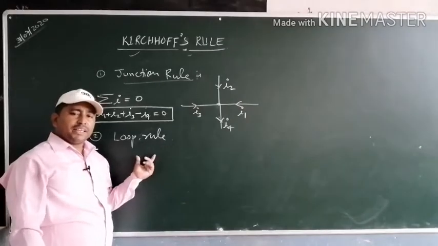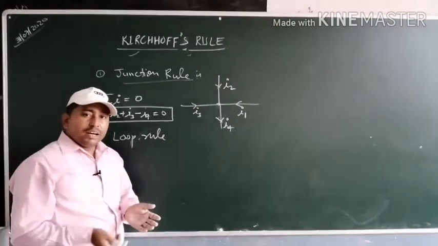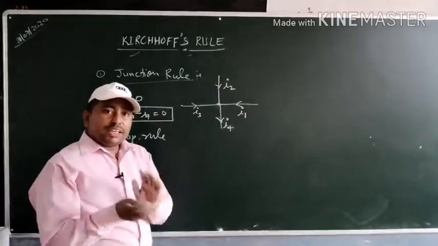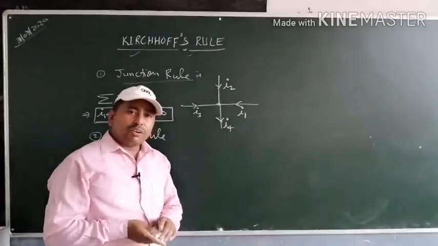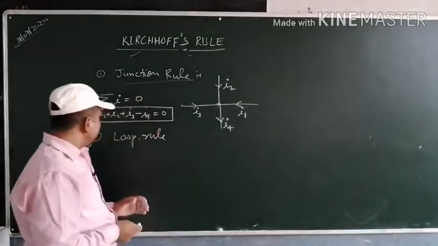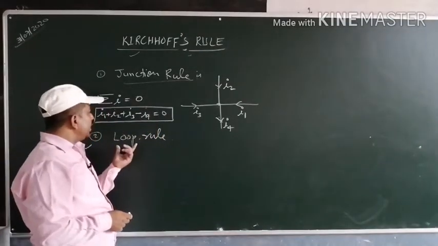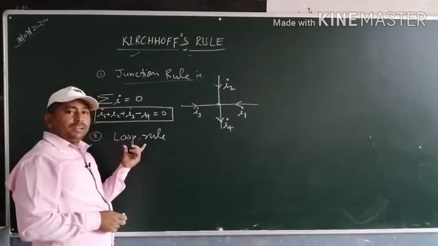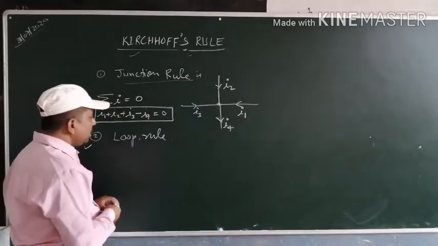It basically provides the total change in the electric potential across any loop, and that is given by the rule known as the loop rule, also given by Kirchhoff.